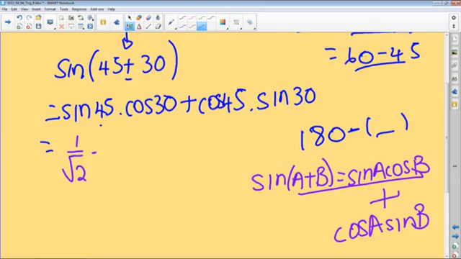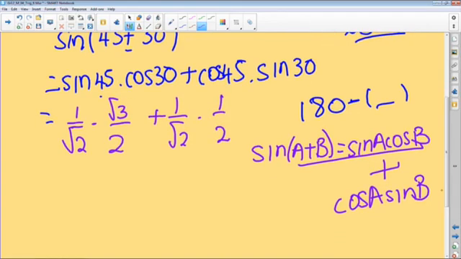Cos of 30, using your calculator or using your special angle diagrams, you will see that cos of 30 will give you root 3 over 2. Plus cos of 45 is 1 over root 2. And then sine of 30 is a half. Okay, we simplify this.